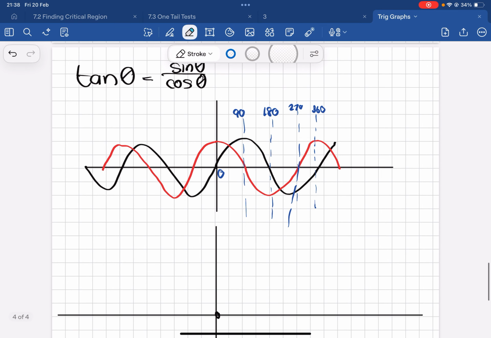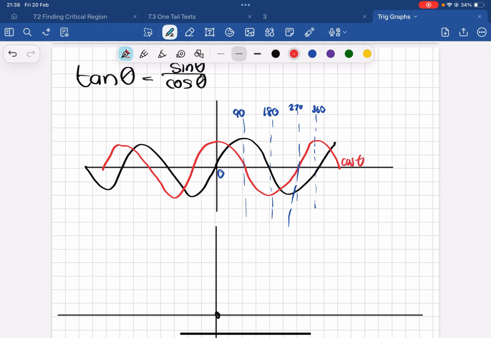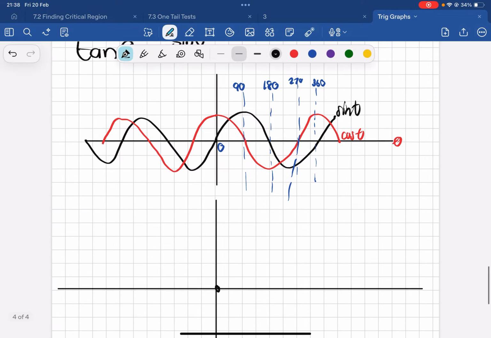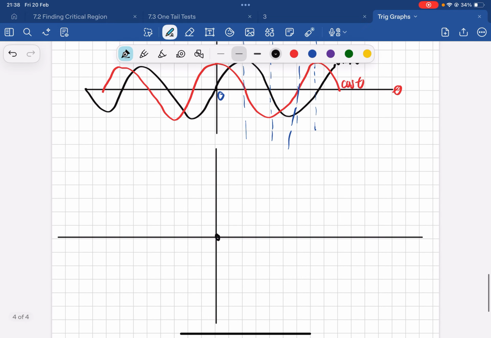Now let's check when theta is 90. So let me just label our graph: cos theta, and that one is sine theta. So check the black graph first. We have sine 90 is 1, then cos 90 is 0, so 1 divided by 0, and that's just undefined.